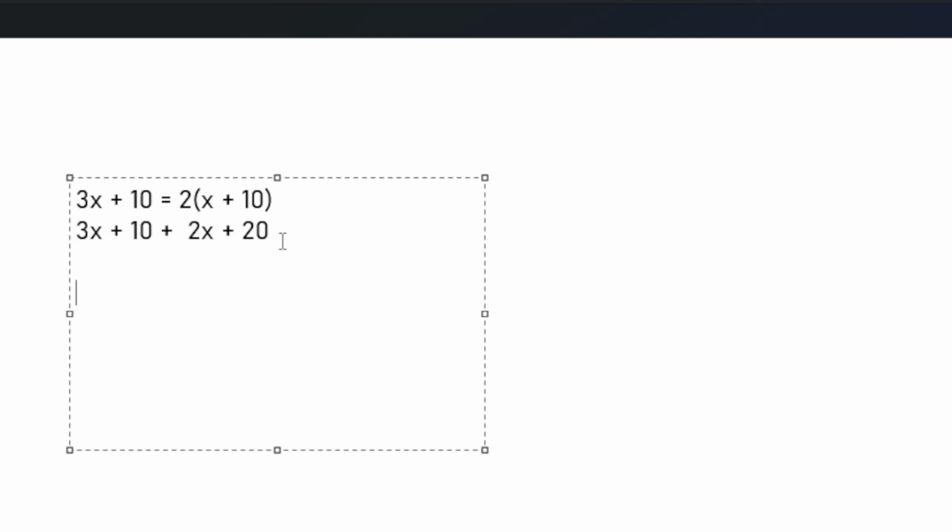So 3x minus 2x plus 10 equals 2x minus 2x plus 20, and x plus 10 equals 20.